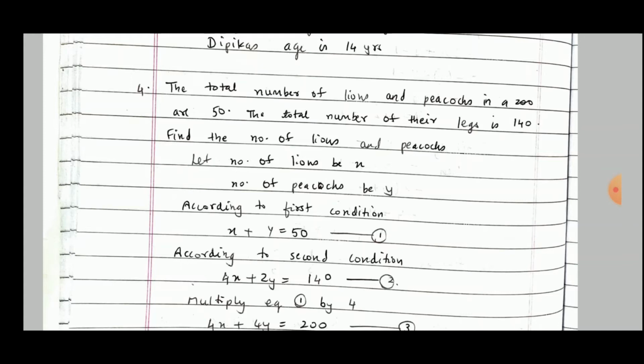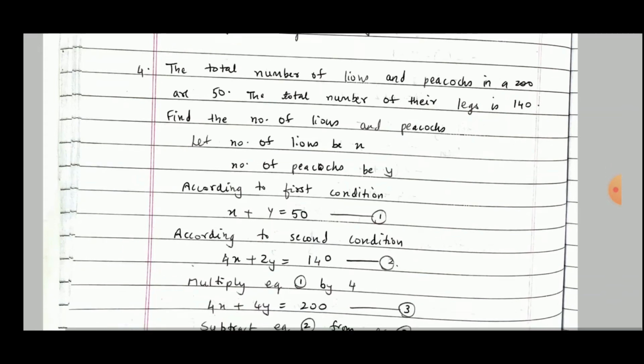According to the first condition, x plus y is equal to 50, and according to the second condition, 4x plus 2y is equal to 140, because a lion has 4 legs, so the number of legs of x lions will be 4x, and a peacock has 2 legs, so the number of legs of peacocks will be 2y, and their sum of legs is 140.